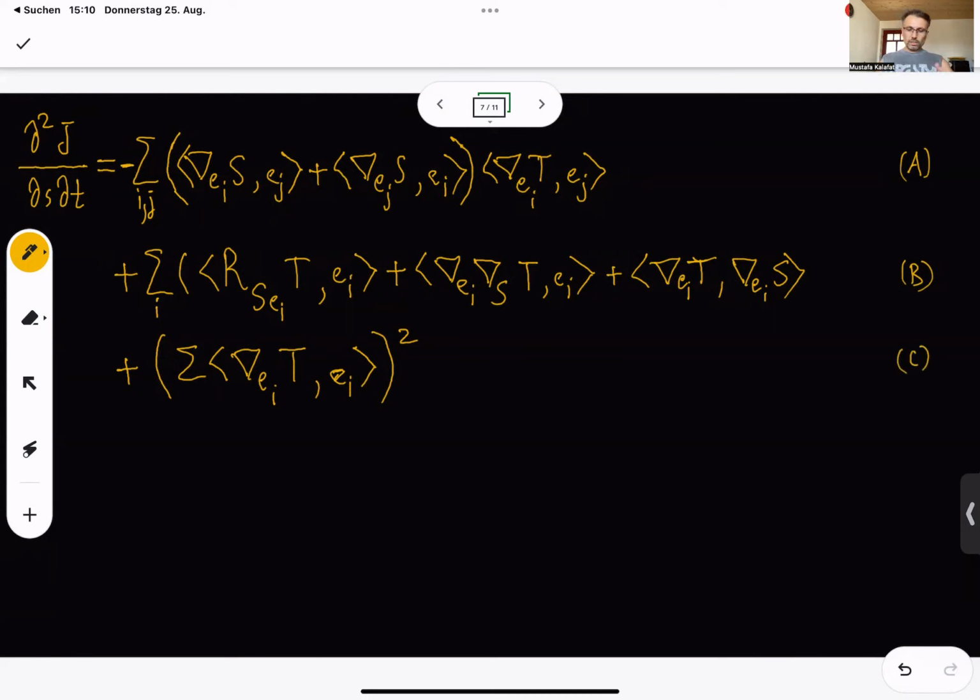All right, so this is the second variation formula. Second variation formula. Famous.